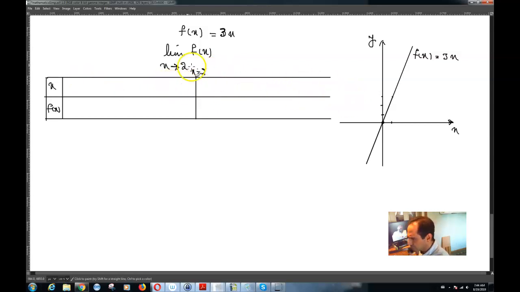Suppose I take 2.001, then 2.01, then 2.1, and on the other side 1.999, then 1.99, then 1.95, and then 1.9.